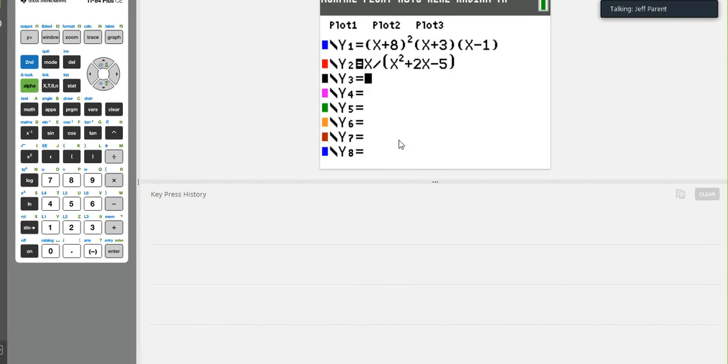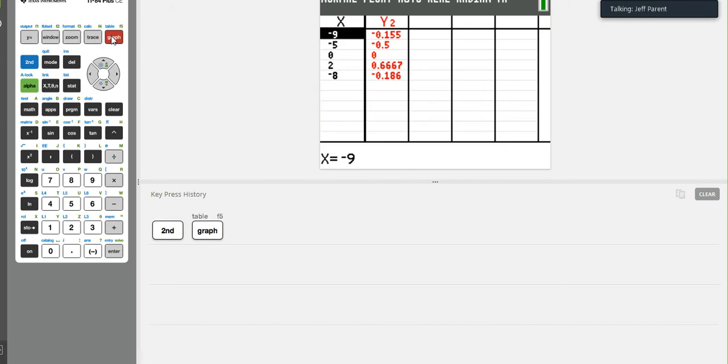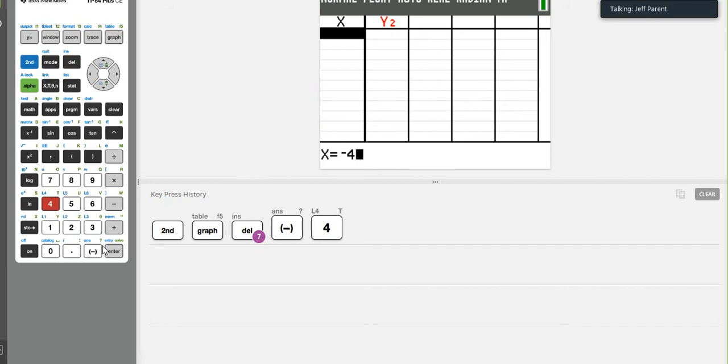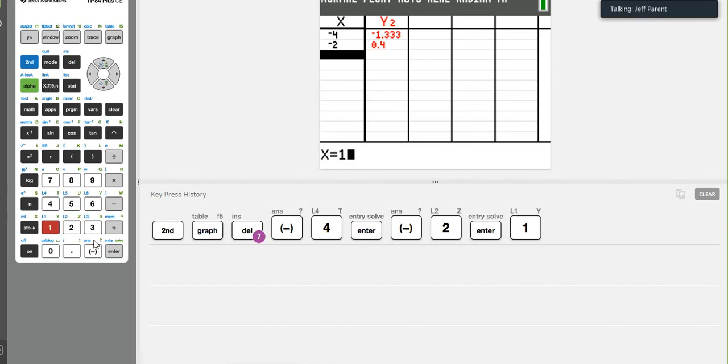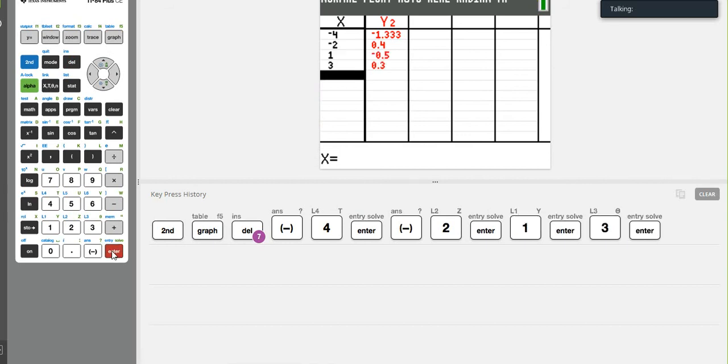Now clear that. Let's go to the table function, delete all the old values, and then type in our new ones. -4, -2, 1, and 3.